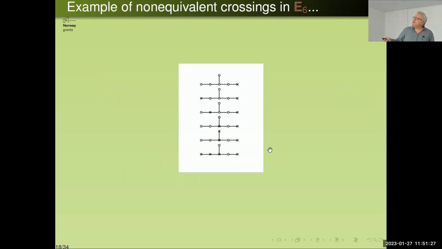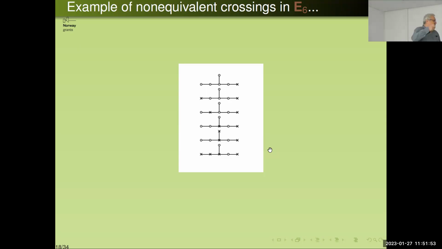So for example, here is what I mean by non-equivalent crossing. I took E6 and made this cross, or I took E6 and took 2 crosses, or these 2 crosses, or these 3 crosses. This is a decoration with 1 cross, this a decoration with 2 crosses, this another decoration with 2 crosses, but it's non-equivalent to this one.